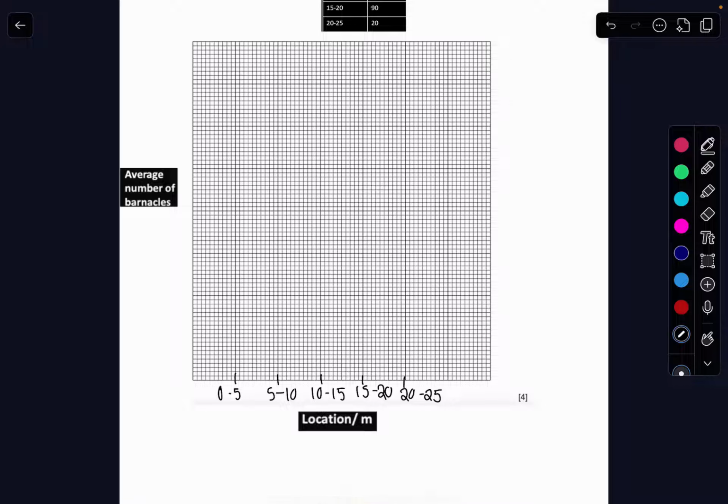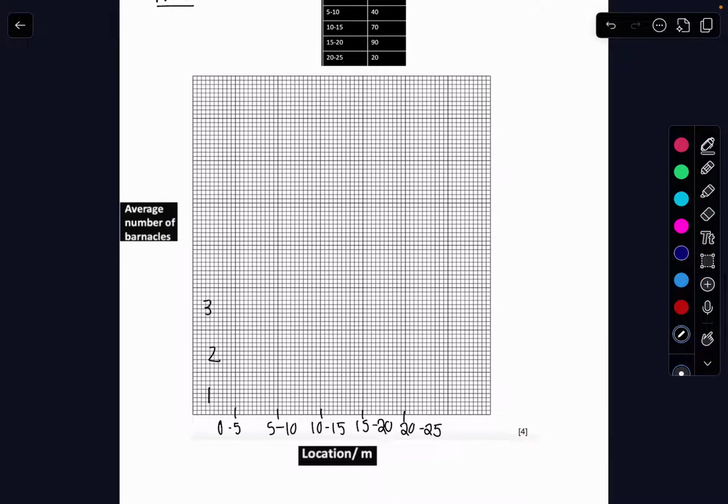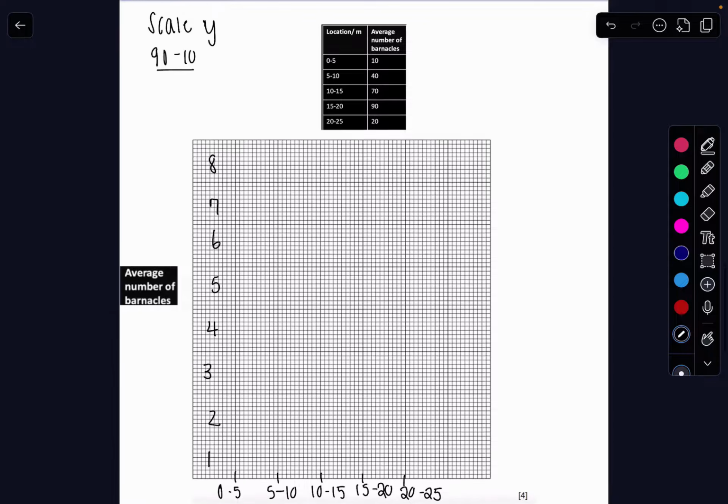Once we have that, now we can do our scale for the y-axis. We're still going to do our normal scale, even though you see probably the easiest number to count by is 10, but we're just going to do the scale to make sure that our scale will work. So scale for the y: high number minus our low number, divided by 1, 2, 3, 4, 5, 6, 7, 8, or you can do number of darkened lines.